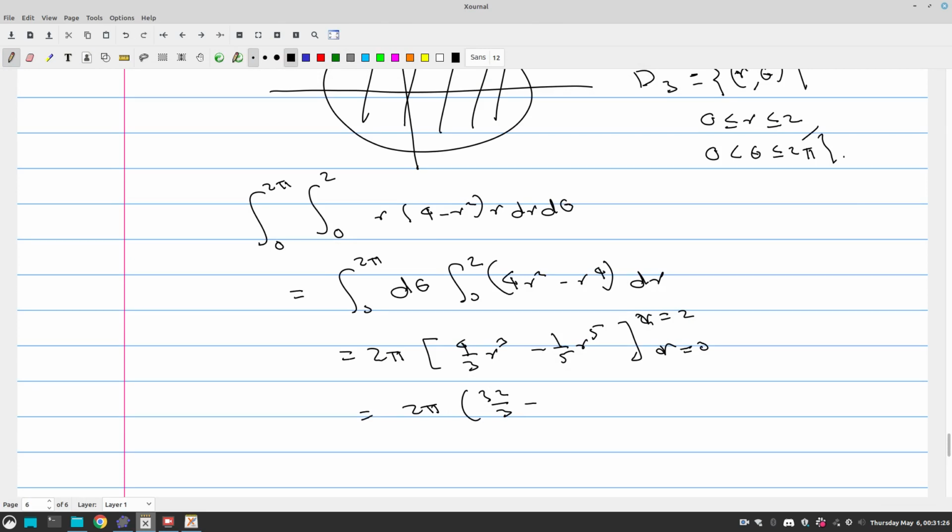So 8 times 4 is 32 by 3 minus 32 by 5. This can be written as twice pi, 64 pi. Right, and okay, so 5 by 15 minus 3 by 15, 2 by 15, 128 pi by 15.